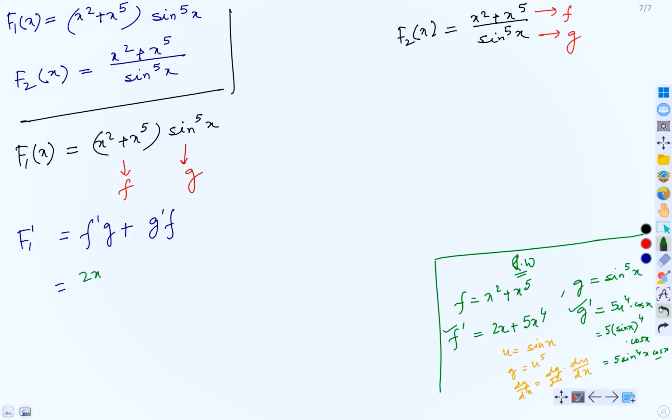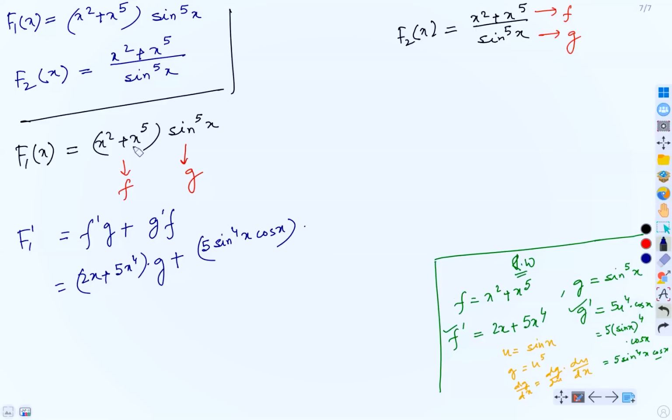f dash is 2x plus 5x^4, times g, plus our g dash, which is 5 sin^4 x cosine x, times f of x.